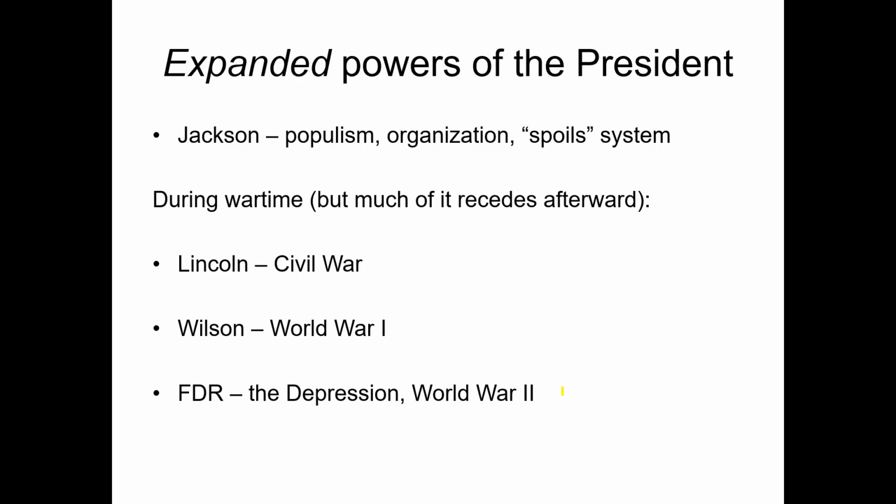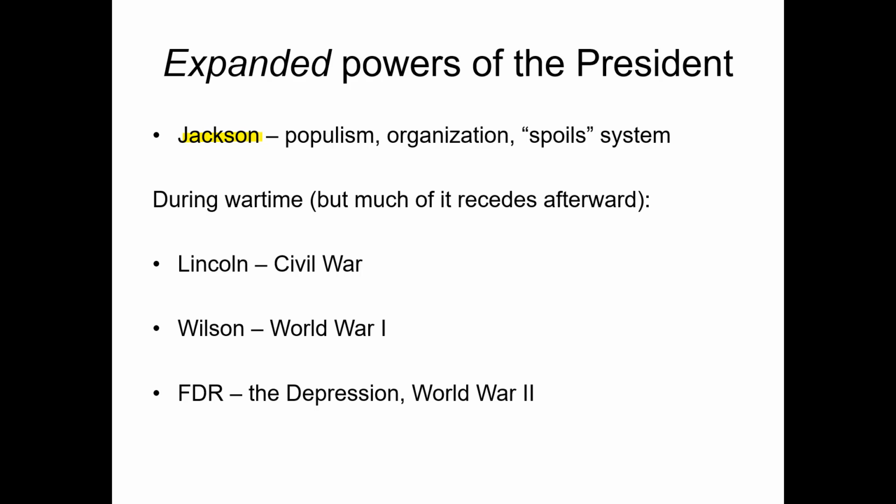Before we get into three of the major expanded powers of the president, we'll talk about some things that progressed over the years. Andrew Jackson was a kind of landmark presidency in creating more power; the president was more of just a chief executive prior to that, but Jackson took it to the next level.